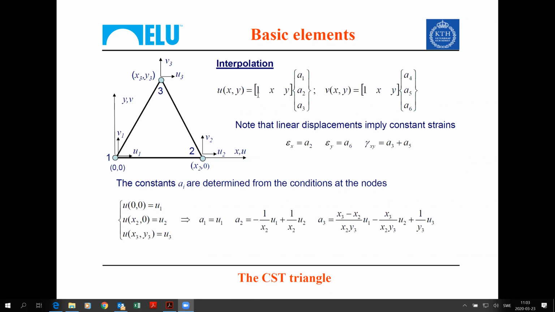So u of x and y is a1 plus a2 times x plus a3 times y. This is the vectorial form of writing a first order polynomial in x and y. Yeah, but I just wonder, how is this related to the shape function?